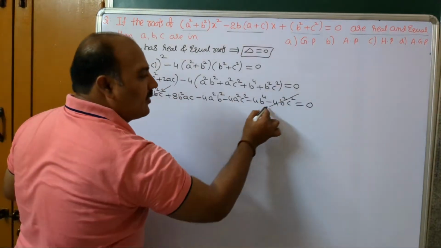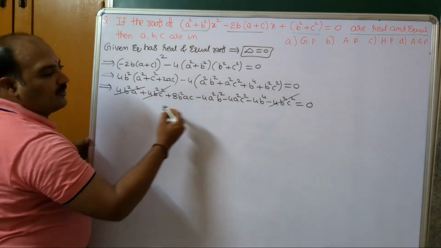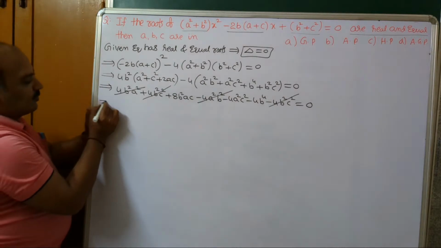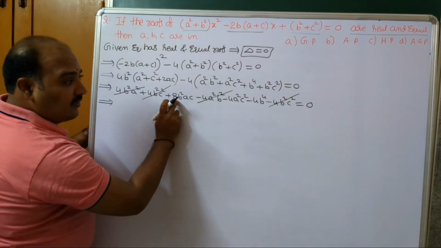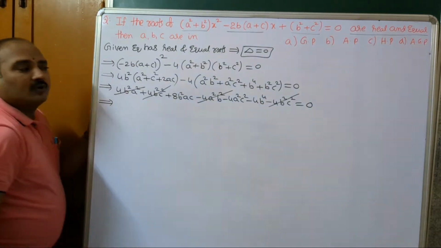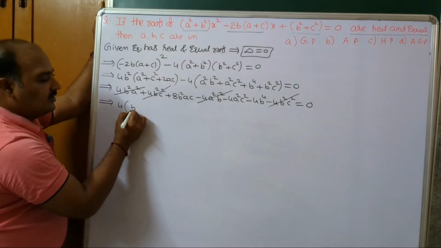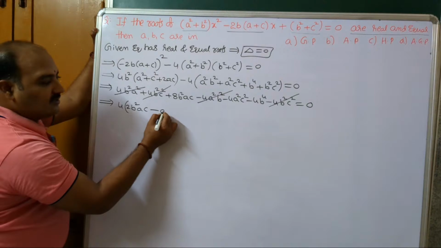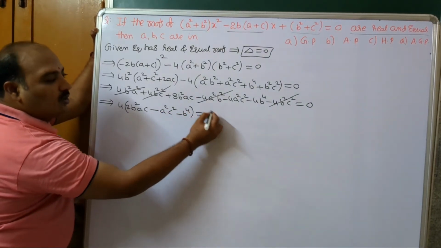4b square c square minus 4b square c square cancel. Plus 4b square a square minus 4b square a square cancel. That implies that, from this also, 4 take common: we have 2b square ac minus a square c square minus b power 4 equal to 0.